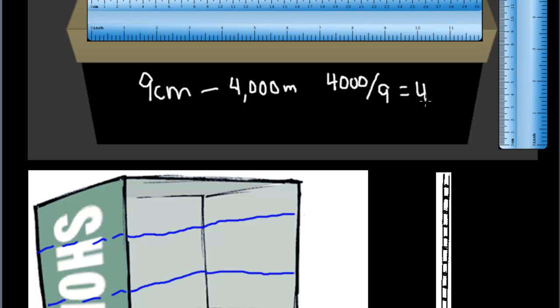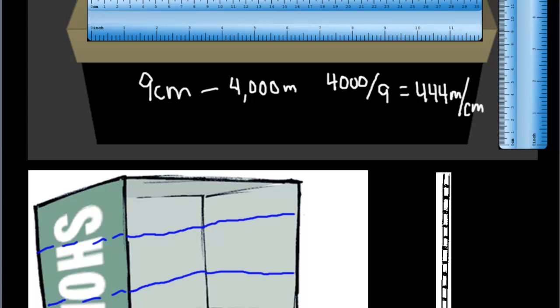It's going to be 440 meters per centimeter. So every centimeter you see here is going to be 440 meters. So there'd be 888 meters. It just keeps going all the way up until you come all the way up to 9, which would get you back up to your 4,000.